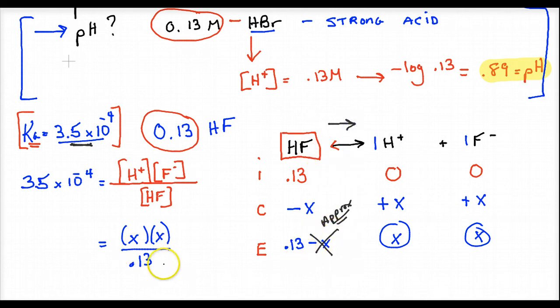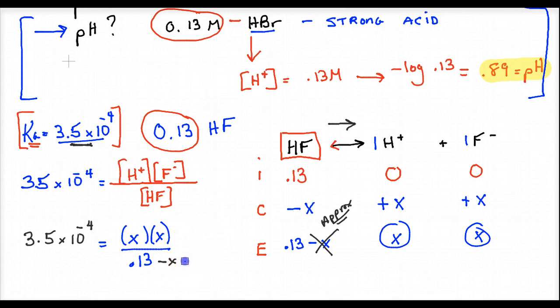If you put this minus x here, equaling 3.5 times 10 to the negative 4, you would come up with what we call a quadratic, or a binomial, and you need the quadratic formula to solve for it. That would take some time and effort, and you would see that your answer would be just the same as if we approximated this away.